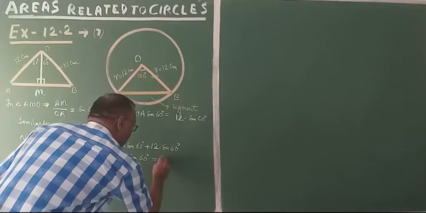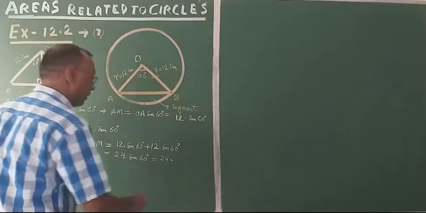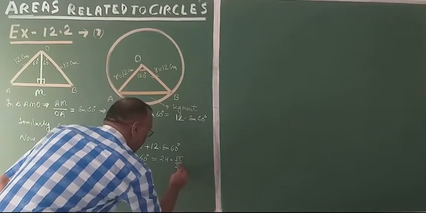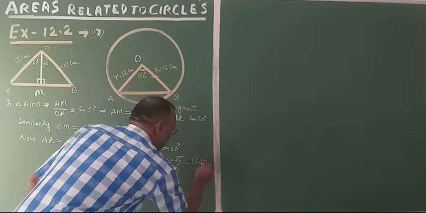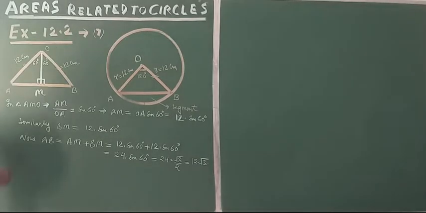That is 24, and sine 60 degree is under root 3 upon 2, that is 12 into under root 3. This is the value of AB. What is the value of AB? 12 under root 3.